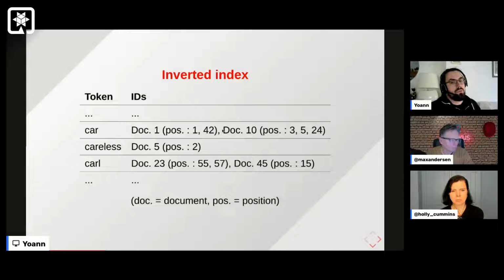Because what we want is to look for a few words, a few tokens, and to get the list of documents that contain those words, right? And the inverted index is that. There's a bit more information like the positions of tokens in the document and so on to provide advanced features, and there's also a lot of optimizations that make it super hard to understand if you look at the binaries, but in principle, it's that simple.